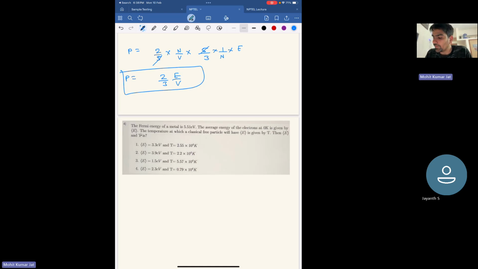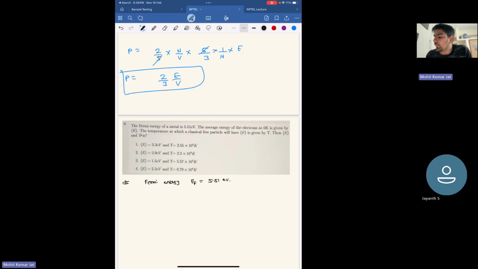The Fermi energy of a metal is 5.51 eV. This is for silver actually. We have calculated it, right? So we know the Fermi energy EF is 5.51 eV.